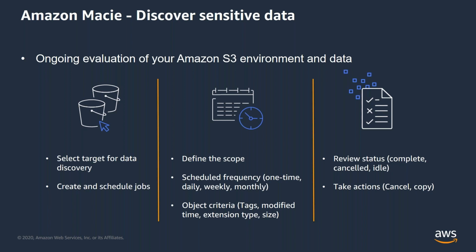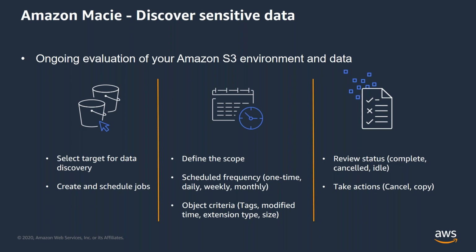This can be done by creating and scheduling inspection jobs. Macie allows customers to define as many jobs as they desire. This can be typically done based upon their needs with regards to data policy or policy governance, and they can align those jobs with those requirements.